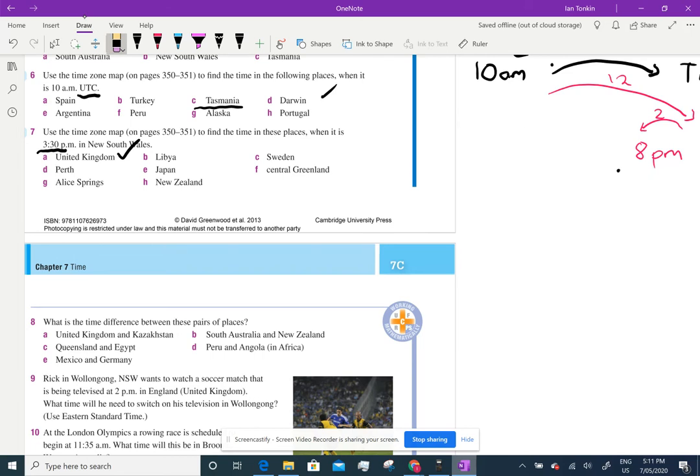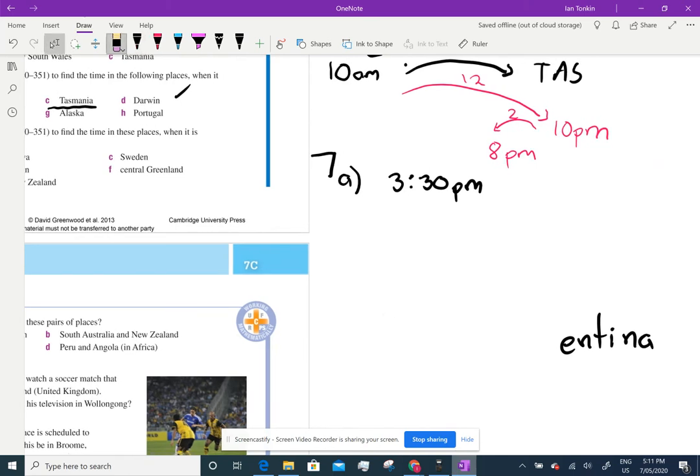So in question 7, A, it's 3:30 p.m. in Australia. And the United Kingdom, we have to go back 10 hours. Well, that's hard to do. I could count. But why don't I go back 12 hours?